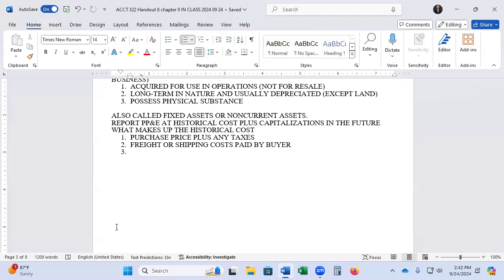Okay, and then the last part is costs to prepare for intended use. And this would be installation, testing, etc.